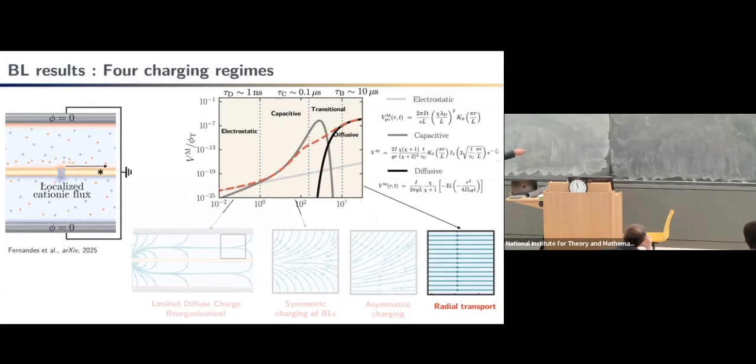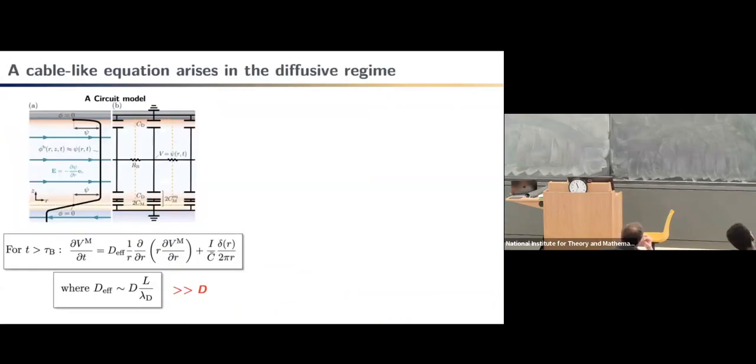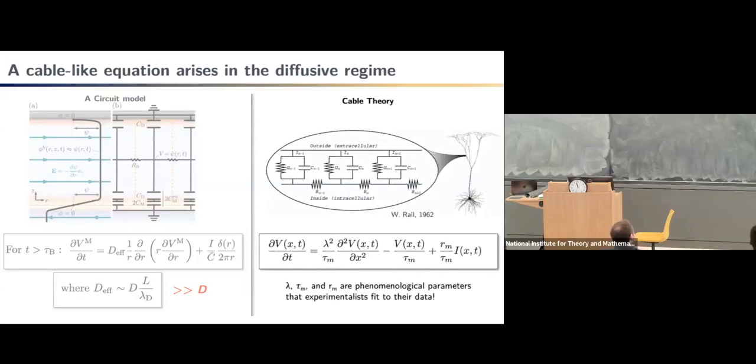Again, we can obtain asymptotic solutions for all these things. And the nice thing here is that in this last regime, the diffusive regime, a cable theory-like equation naturally emerges. So we get a PDE that looks very much like cable theory, and it can be interpreted using cable theory-like ideas. The only difference here is that the length constant, the space constant, these are not fitted parameters. They just arise naturally in this geometry that we've assumed.